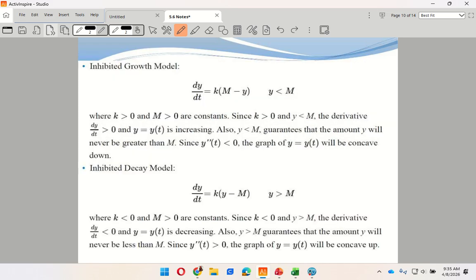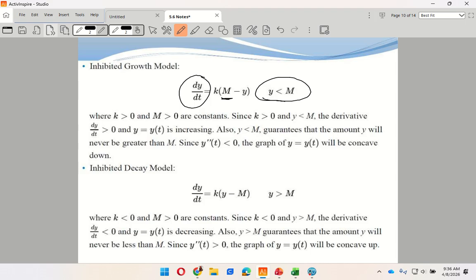Okay, here is the inhibited growth model. Now, if you're looking right here, it is with the derivative, the change in y over the change in t, and it should be my maximum minus whatever my y is, times k, is going to give me the rate of change, where y is going to be less than my maximum value.